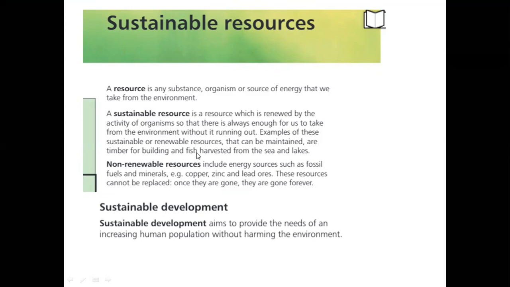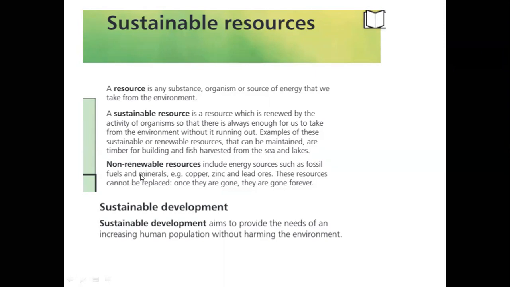If you are harvesting fish from the sea, you can breed more and more fish in hatcheries. These are sustainable resources. While non-renewable resources are those resources we can't renew, such as fossil fuel and minerals.